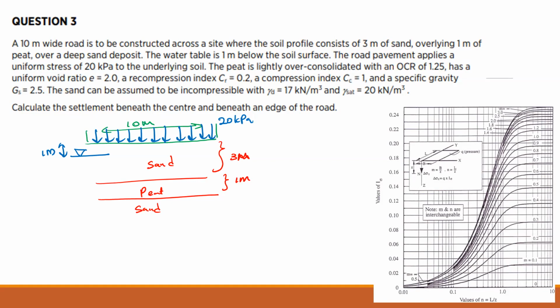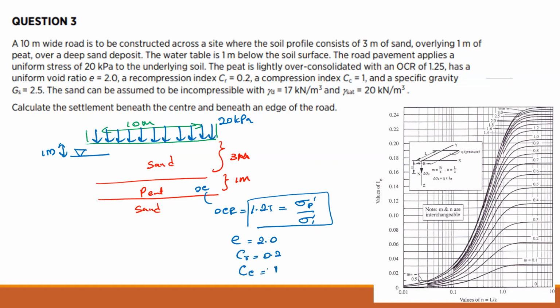The peat is slightly over consolidated. So this is over consolidated, and they are saying OCR is 1.25. So we know what OCR is. This is the OCR, and it is given to you. The peat has a uniform void ratio of 2.0. The recompression index Cr is given as 0.2, the compression index Cc is given as 1, and the specific gravity Gs is given as 2.5.